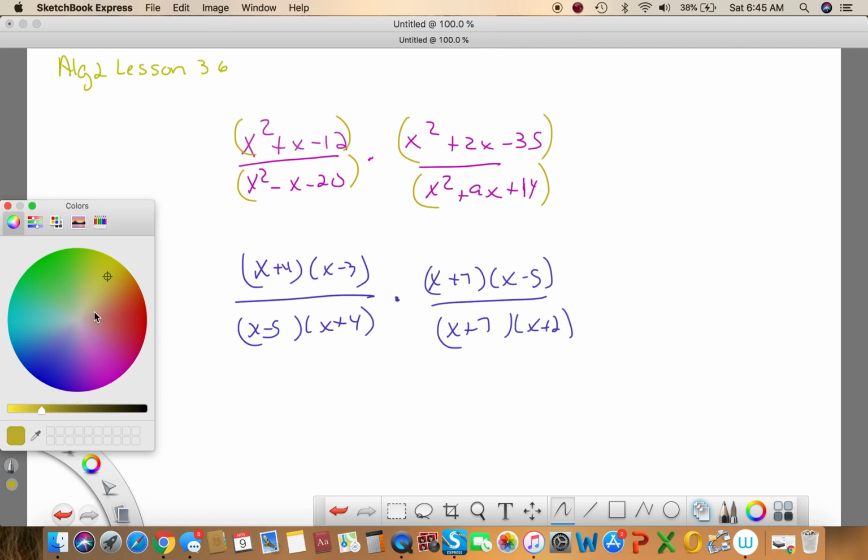So now I went from 4 factors to 8 factors. Remember, factors are times each other.